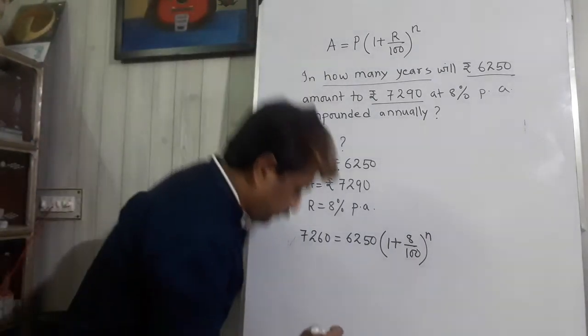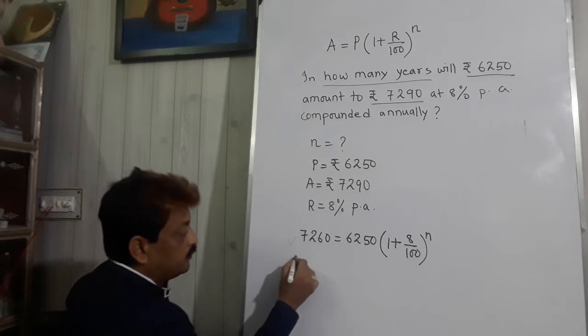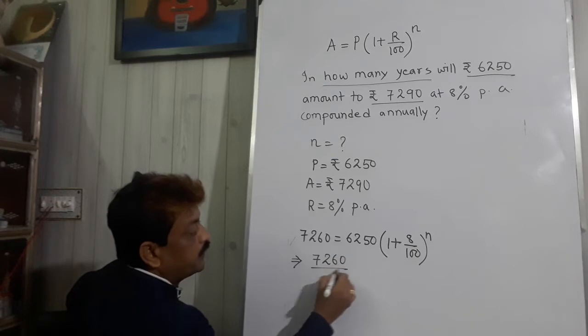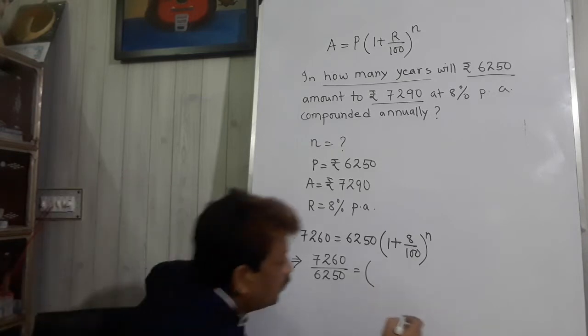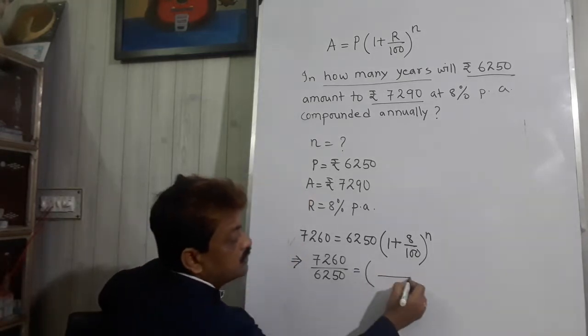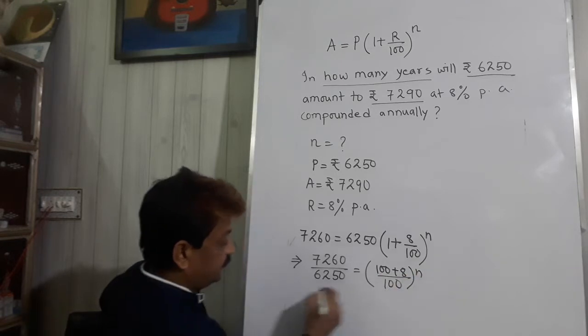So the first step is to bring this principal under the amount. So 7290 divided by 6250 equals, here let us find the LCM. So the LCM is 100 and it will be 100 plus 8 to the power n.